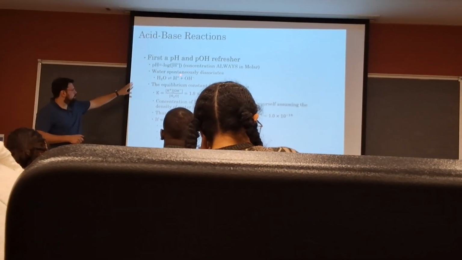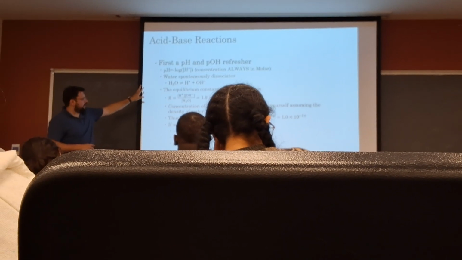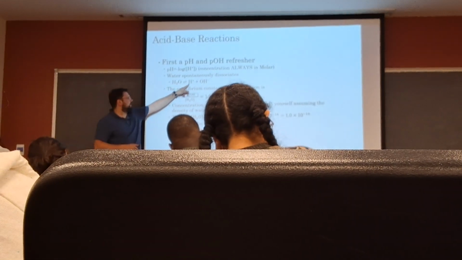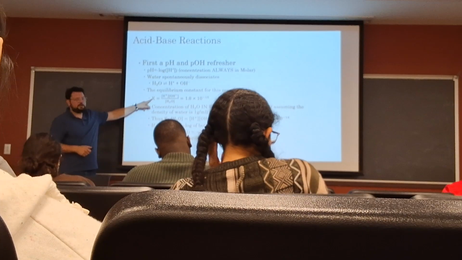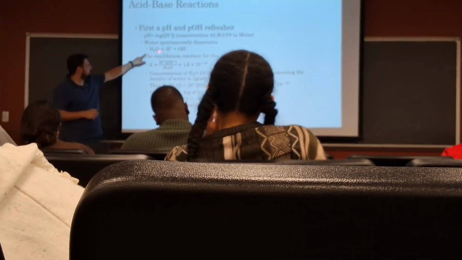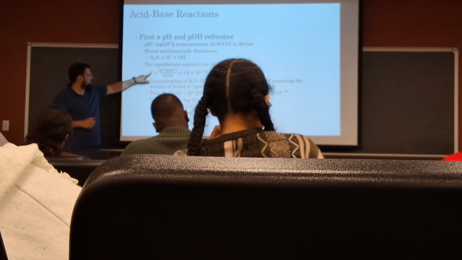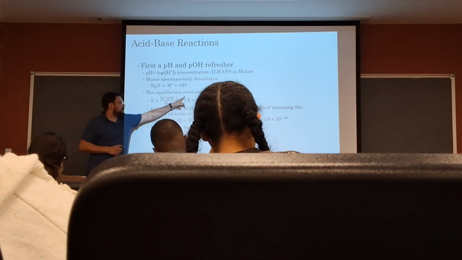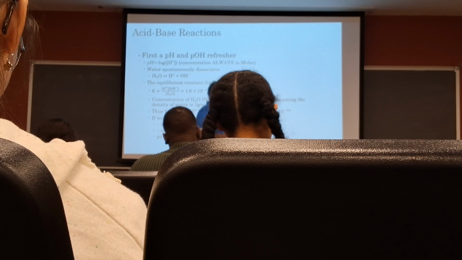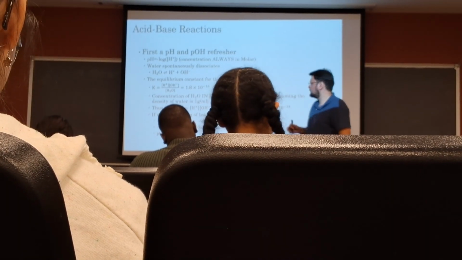Well, if we consider just water here, water ionizes to some degree to get H plus and OH minus. And what we can observe, right, we can actually measure this, is that this equilibrium constant, K, is H plus times OH minus over H2O. And this is measured to be 1.8 times 10 to the minus 16. That's just what it is, right?